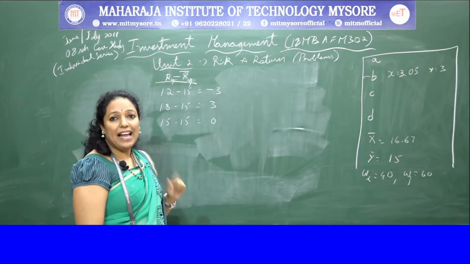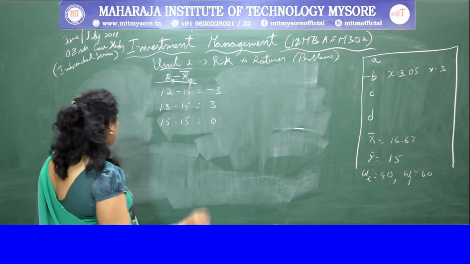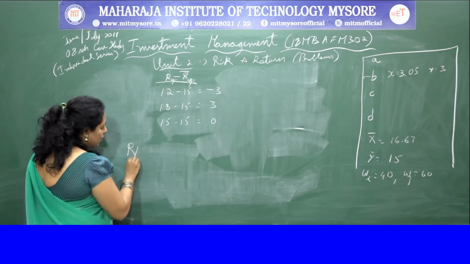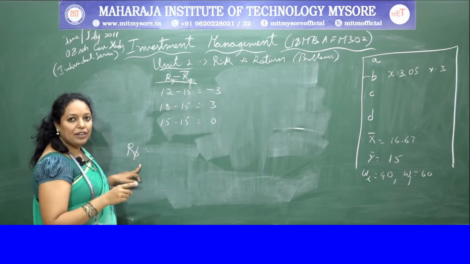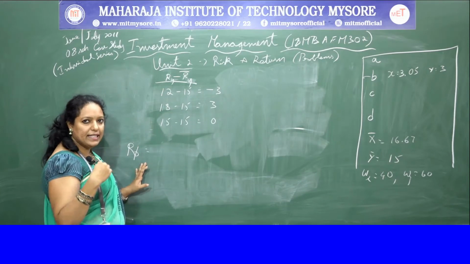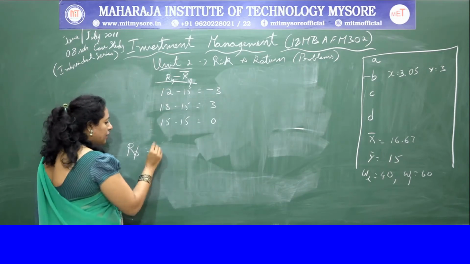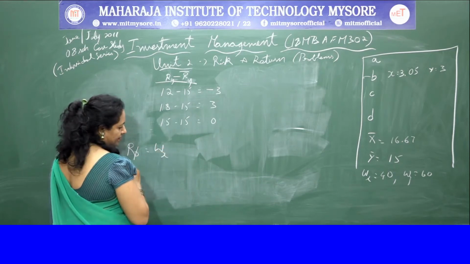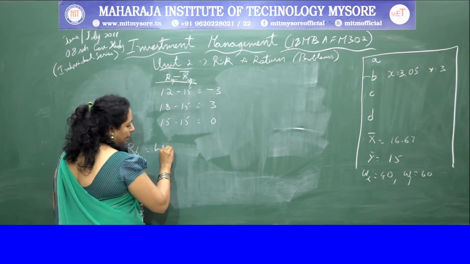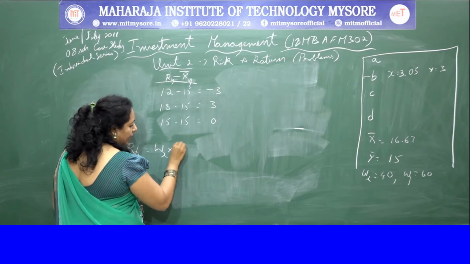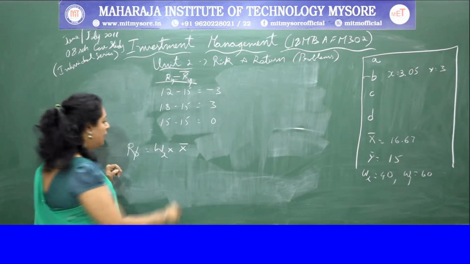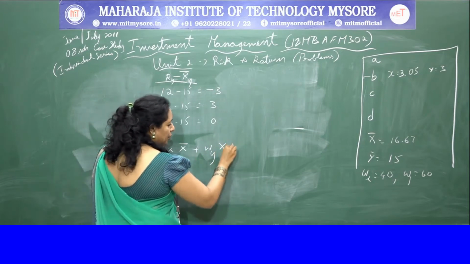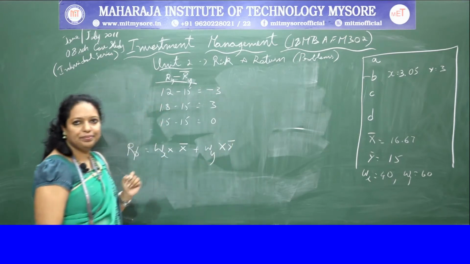They have asked to calculate the return of the portfolio. So I'll write it here. Return of portfolio, RP signifies return of portfolio, Ri signifies individual securities. The formula: weight x into x bar plus, it is easy to remember, weight y into y bar.